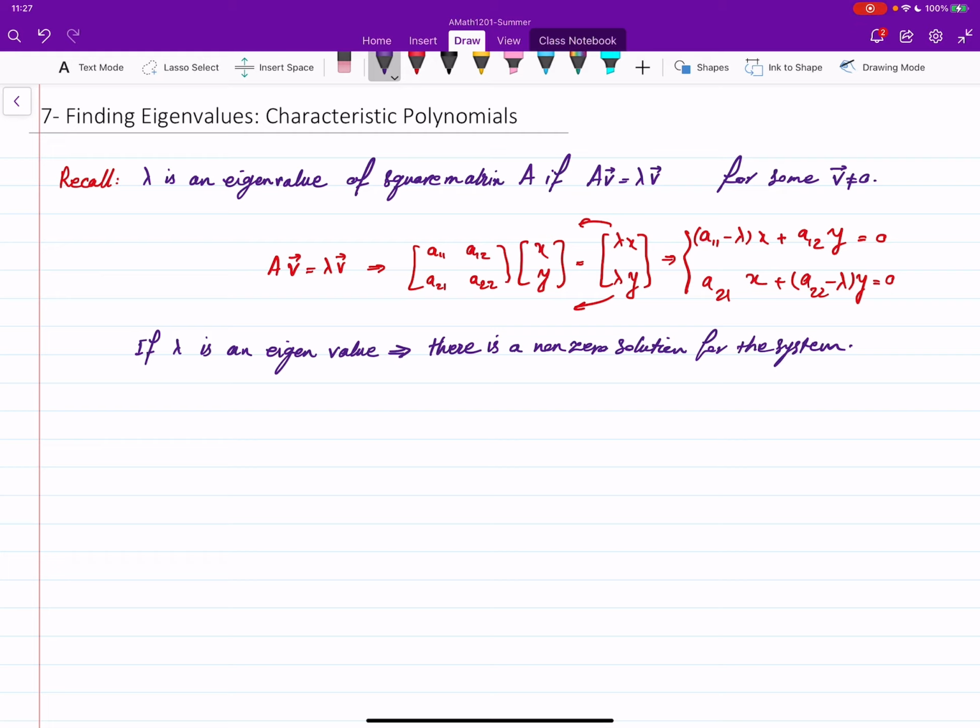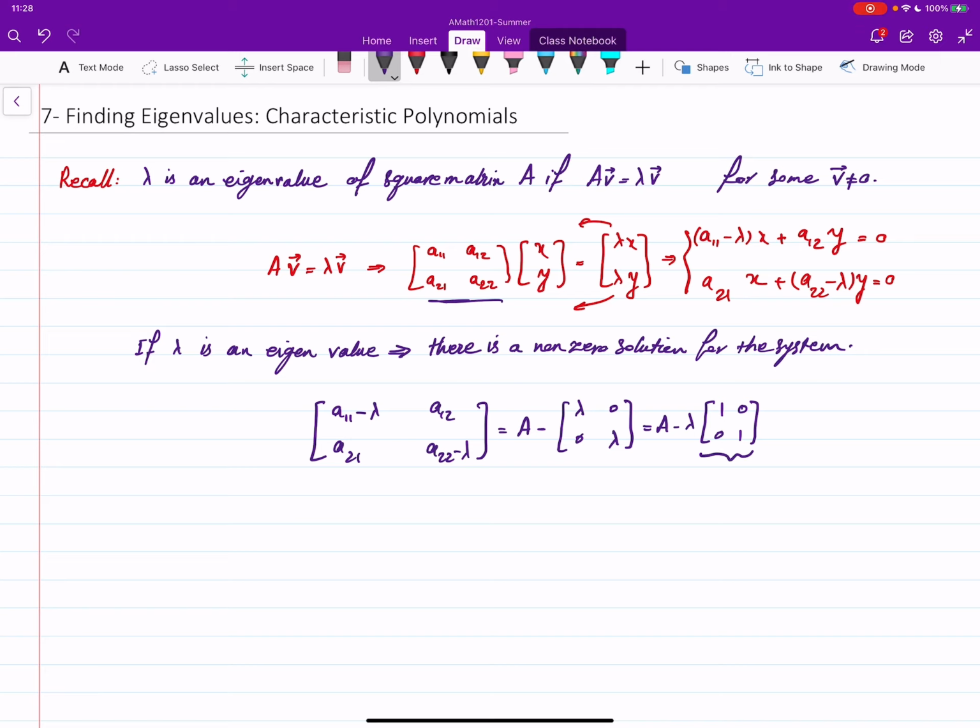If you look at that system, the coefficient matrix is a11 minus lambda, a12, a21, a22 minus lambda. This is like we have the matrix A, minus lambda on the main diagonal, with everything else 0. Another way of writing this is A minus lambda times the matrix 1, 0, 0, 1.